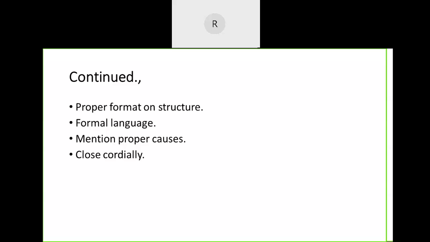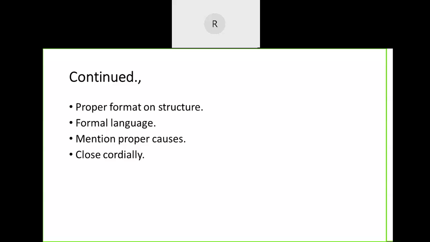We must close the inquiry letter with a complimentary close and signature, and mention the name of the inquirer with address. This is how the letter should be in a prescribed format.